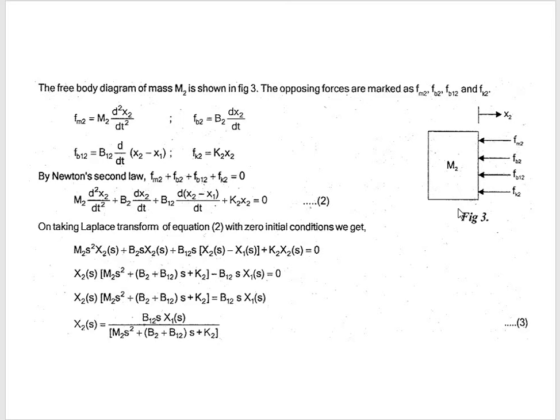Similar to mass m1, here also we write the opposing force equations: fm2 is equal to m2 into d square x2 by dt square, fb2 is directly proportional to velocity, therefore b2 into dx2 by dt, fb12 has a relation with both displacements, therefore written as b12 d by dt into x2 minus x1, and fk2 is equal to k2 into x2. By Newton's law, by adding all this, the resultant force is 0.